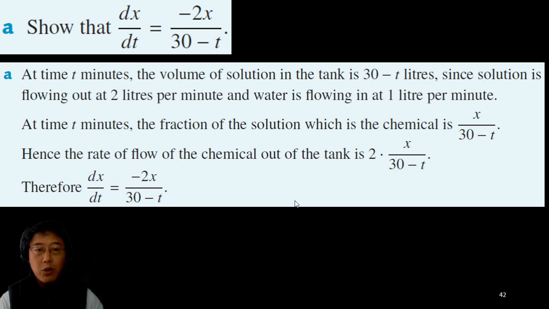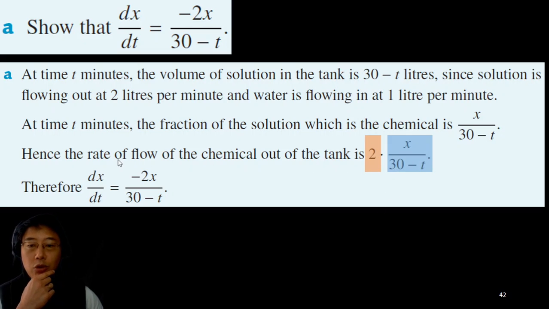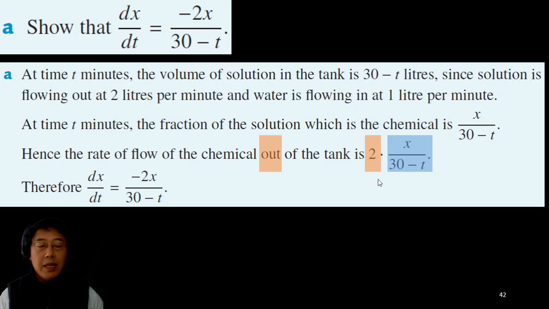I'm going to use the same color code for this. So the rate of flow that is coming out is therefore the concentration, which is a percentage, so it's a concentration of chemicals, which is the volume of chemicals divided by the volume of the solution, times the outflow.